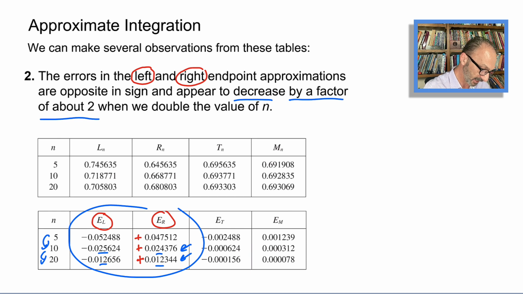So when you go from 5 to 10 to 20, doubling the value of n, look at the numbers right here. It looks like 24 is becoming 12. Just to show you that, yes, we are getting down, the amount decreases by a factor of 2. Half of it, in other words. Okay?